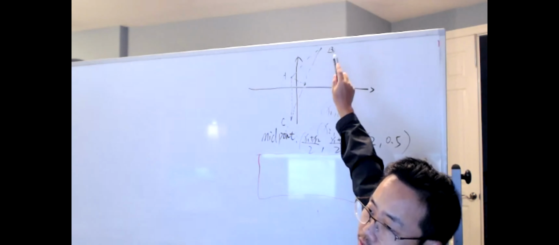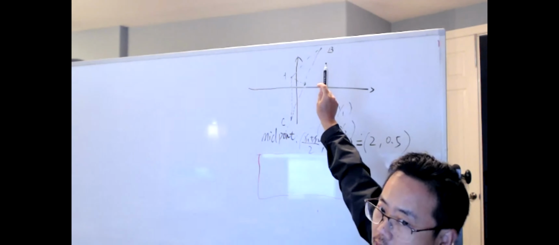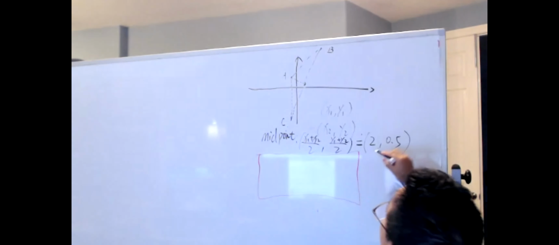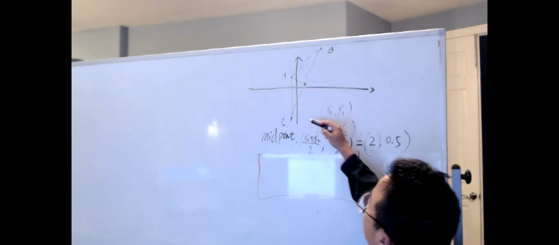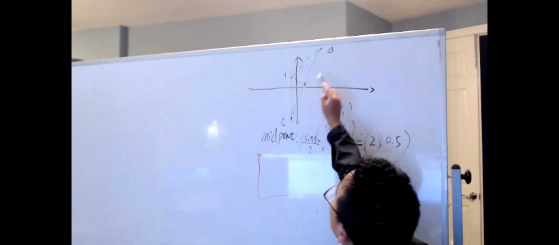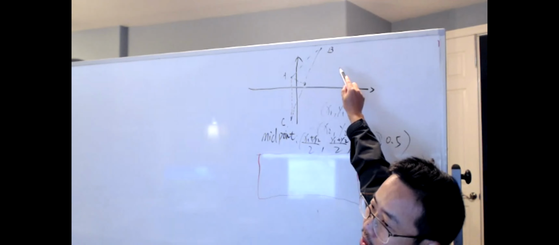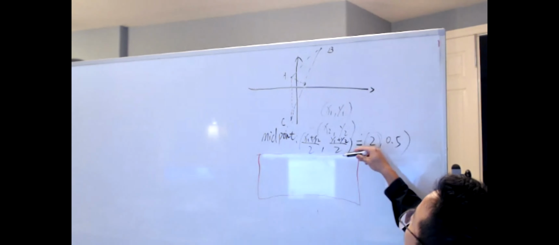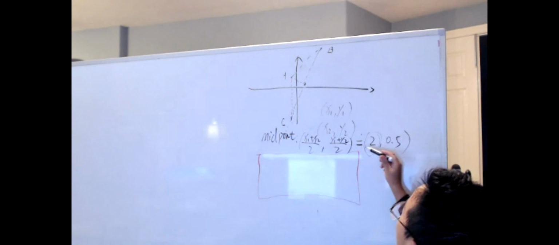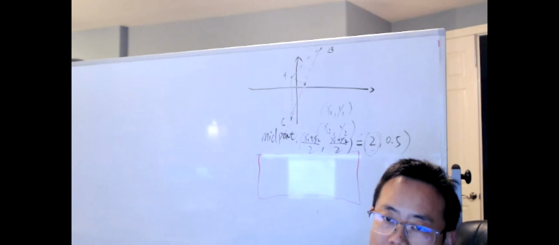So -1 plus 5 is 4, and 4 divided by 2 is 2. So that's our midpoint of x. And for y, this is -7, this is 8. So -7 plus 8 equals 1, and 1 divided by 2 is 0.5. So the midpoint is (2, 0.5), and if you add these together, that's 2.5.